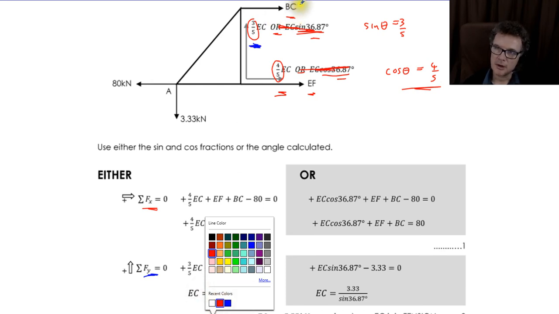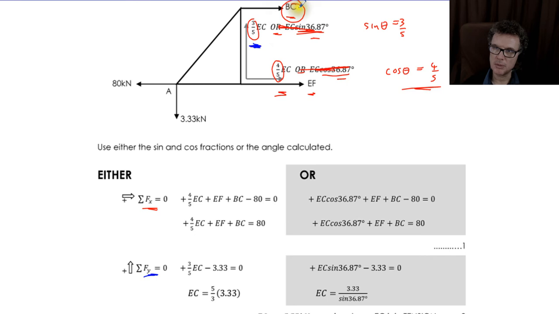For my unknowns in the x direction, I've got 4/5 EC, EF and BC. They are my 3 unknowns. And we've also got this 80, going in the opposite direction, so we're going to make that a minus. So that sets up that equation.